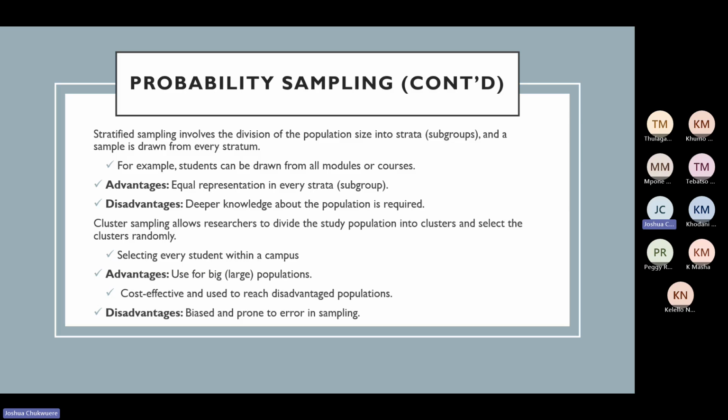The same applies to the types of probability sampling. You let the reader understand there are different kinds, this is this, that is that, and for the sake of this one, I'm going to be using that. Then you give the why and the how. By so doing, you let the reader understand that I understand what I'm doing, why I'm making that choice, and the implication it is going to have for my study. Are you following?